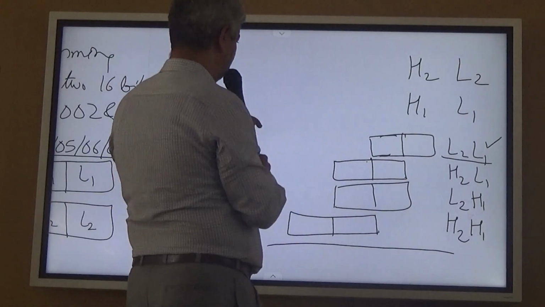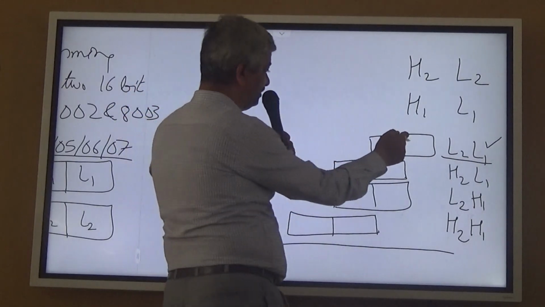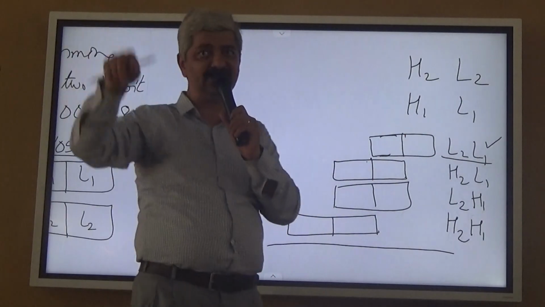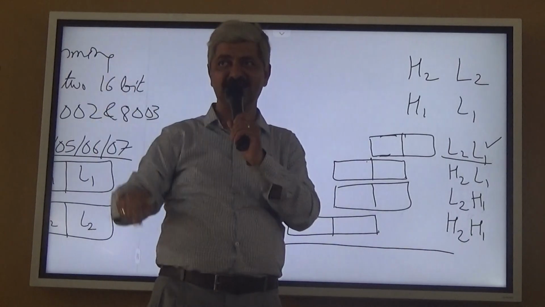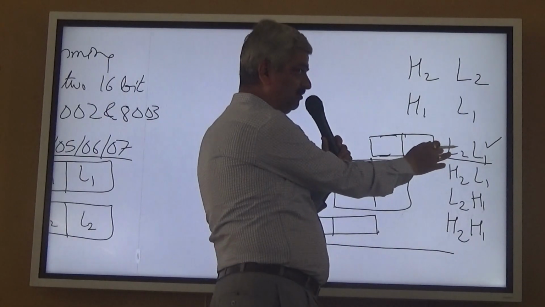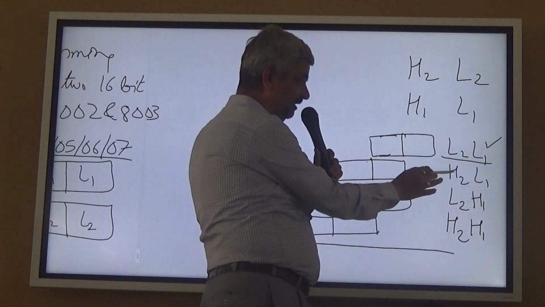Somebody else has done and stored these partial products at 9000, 9001, 9002, 9003, 9004, 9005, 9006, 9007.